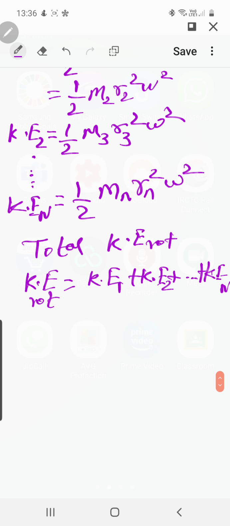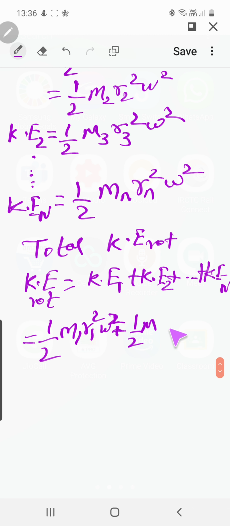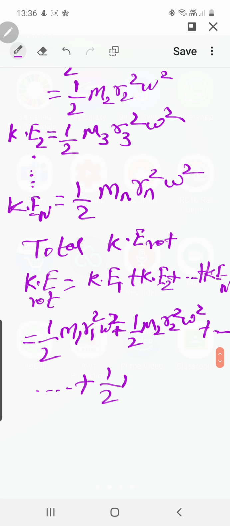Step by step we substitute: equal to half m1 r1 square omega square plus half m2 r2 square omega square plus so on plus half mn rn square omega square.